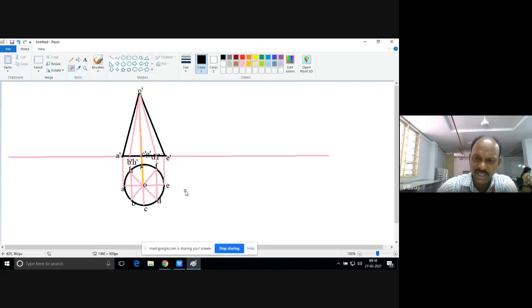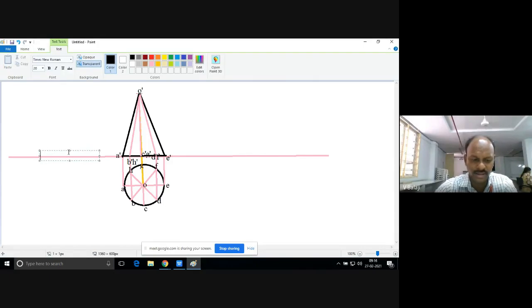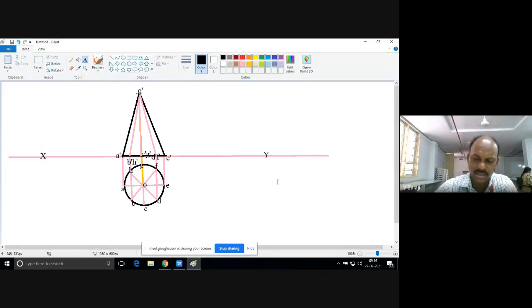When a cutting plane is inclined to VP, what is its top view? Can you guess? If a cutting plane is perpendicular to HP and inclined to VP, what is the top view I am asking?